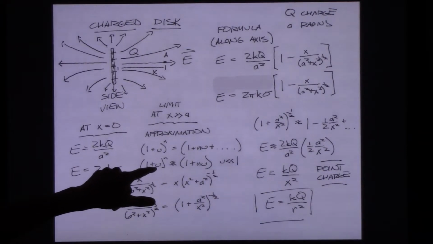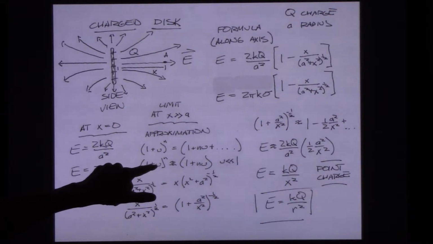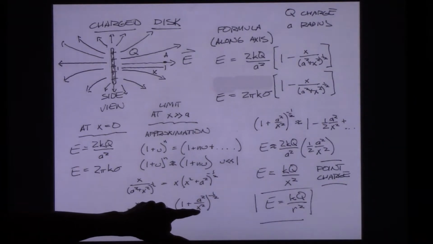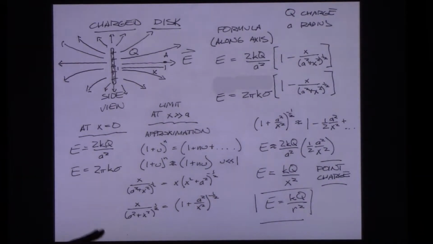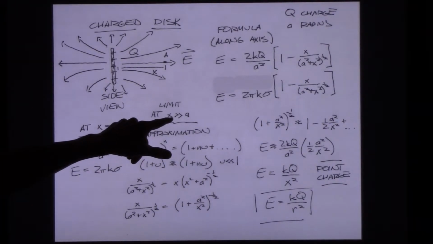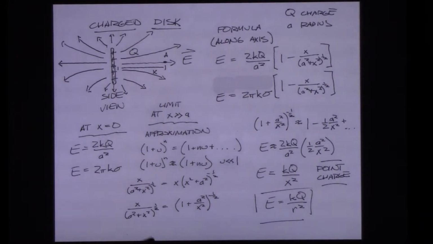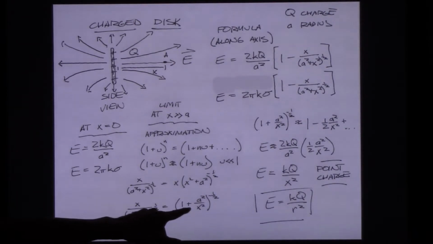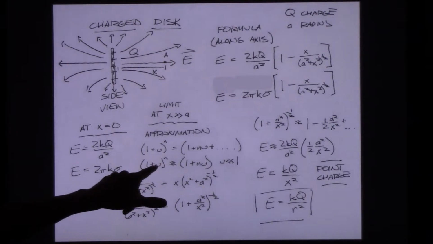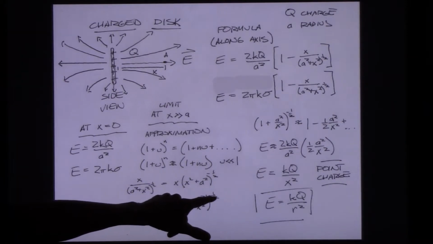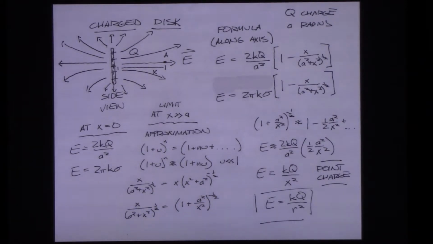So it does look like that, and u needs to be really small, and a squared over x squared is going to be really small because we said we're going to be looking at distances that are much, much, much, really much larger than the radius. So this now becomes my little tiny piece, my u, and the power I have here is minus 1/2.